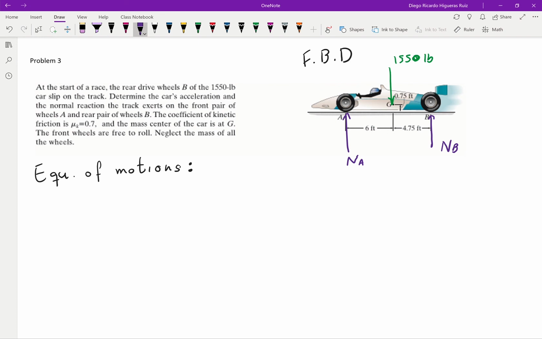Then we also gonna have a friction force at this wheel right here, and that's gonna be friction force at B equal 0.7 times NB. Alright, so we're gonna assume Y is positive in that direction, X is positive in that direction, and the acceleration is also positive, going like that.